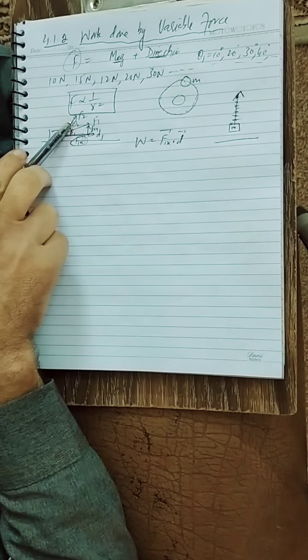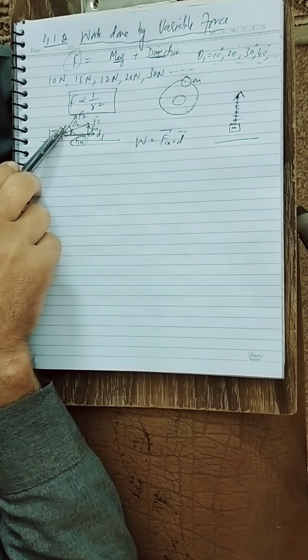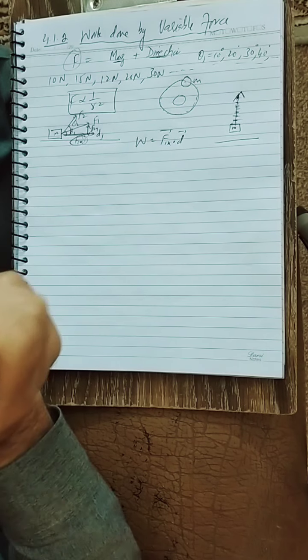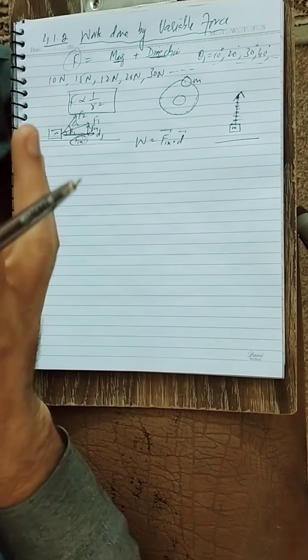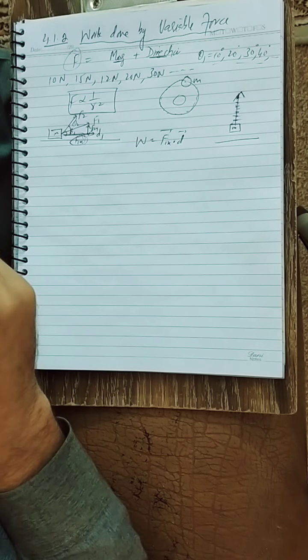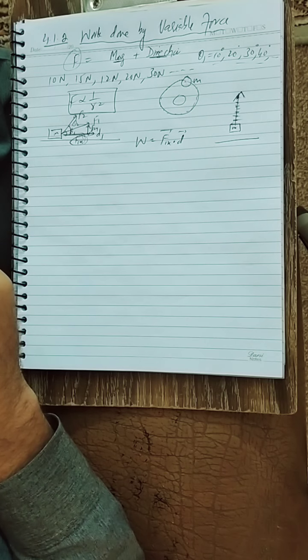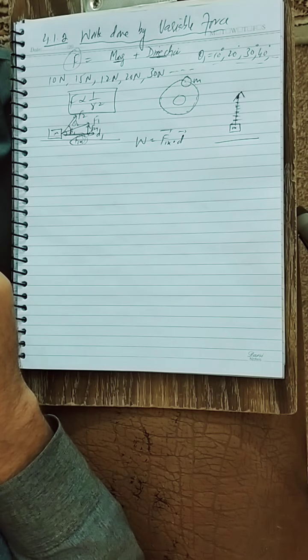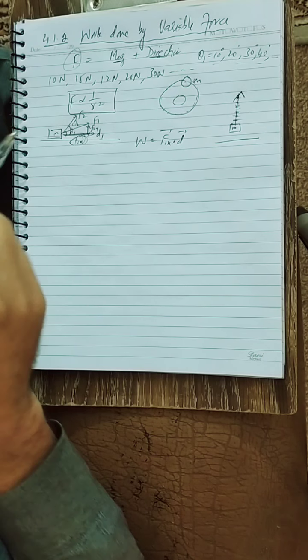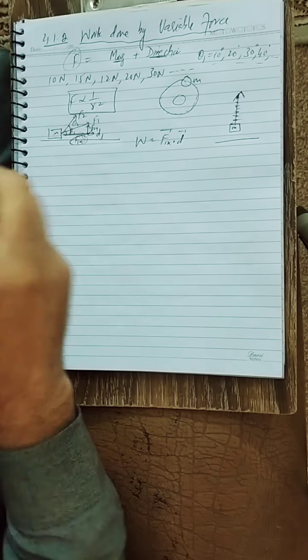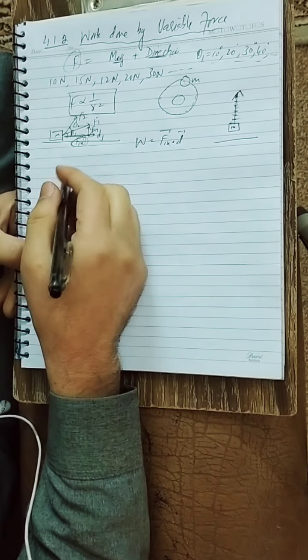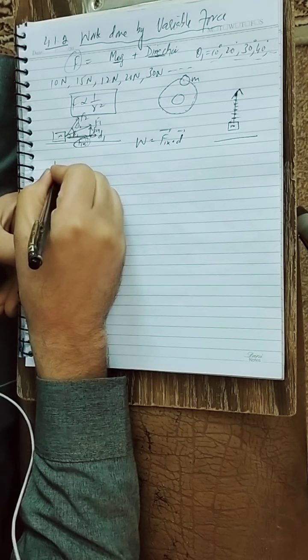The vertical component will not do any work while the horizontal component will do some work. So if any force changes direction, its horizontal component is responsible for doing work, because the displacement is covered horizontally, while the vertical component does no work.